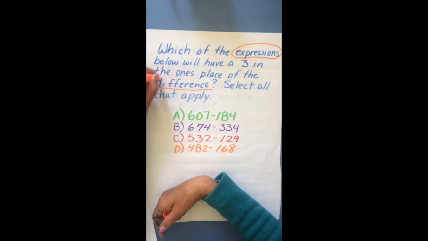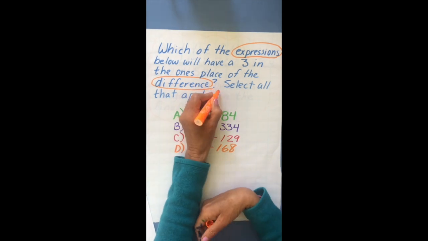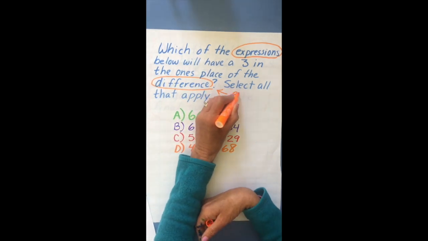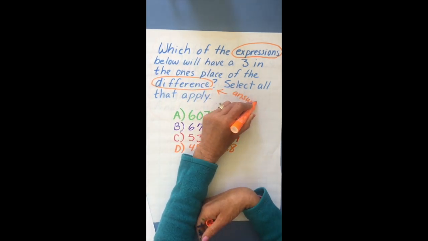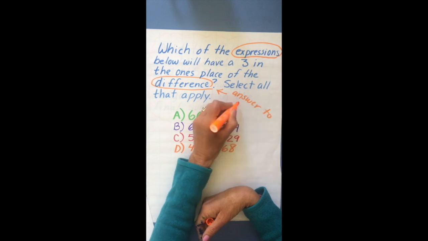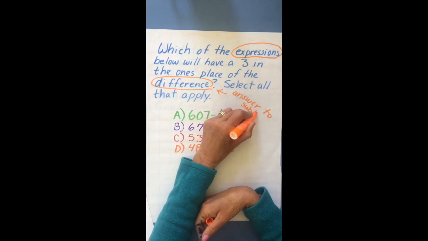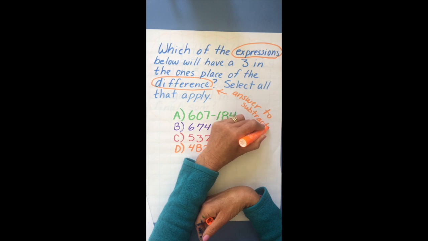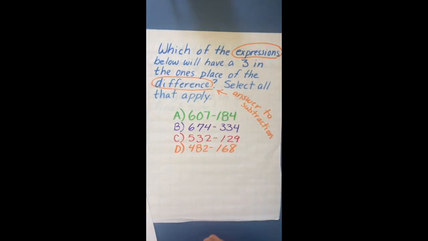Now, difference, you just have to remember this vocabulary word. It just means the answer to subtraction. So all we're doing is seeing which answer will have a 3 in the ones place.